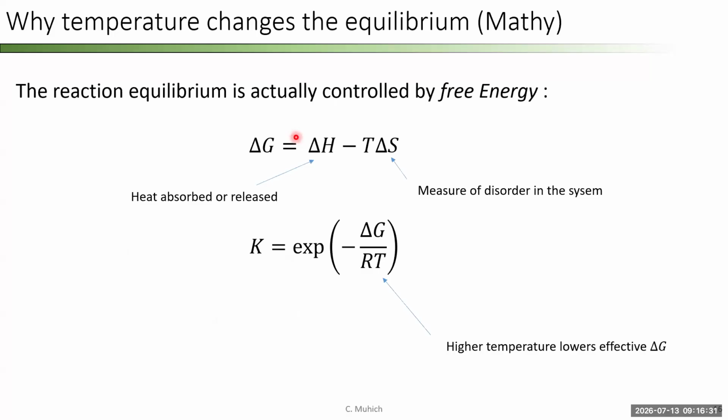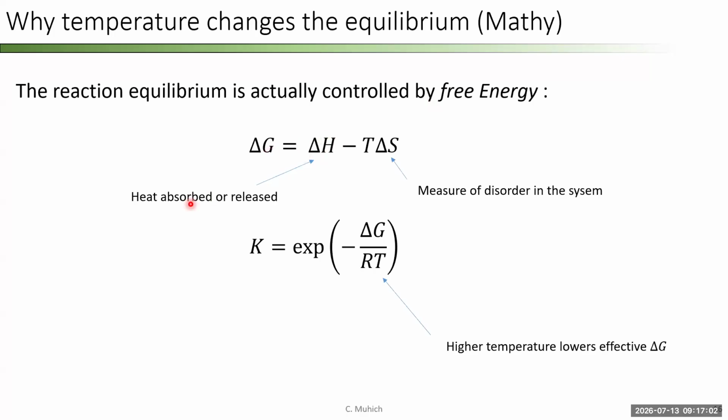I don't expect you to fully understand what I'm about to talk about, which is the little bit more mathy version. There are entire courses on this in chemical engineering as well as physical chemistry. But just to give you a little bit of the math, our reaction equilibrium is controlled by this concept called free energy, which we mark as delta G, so the change in G, free energy.